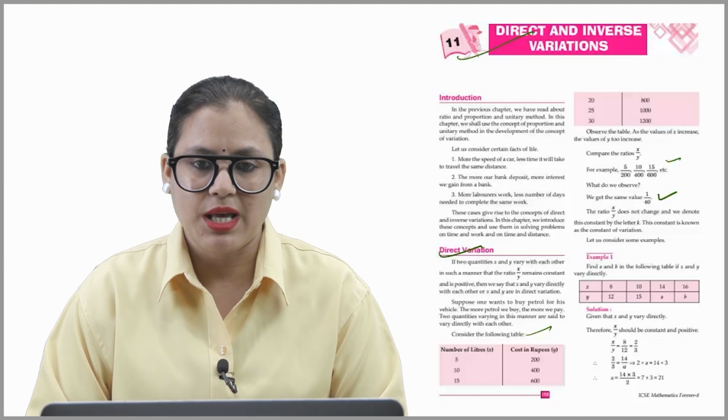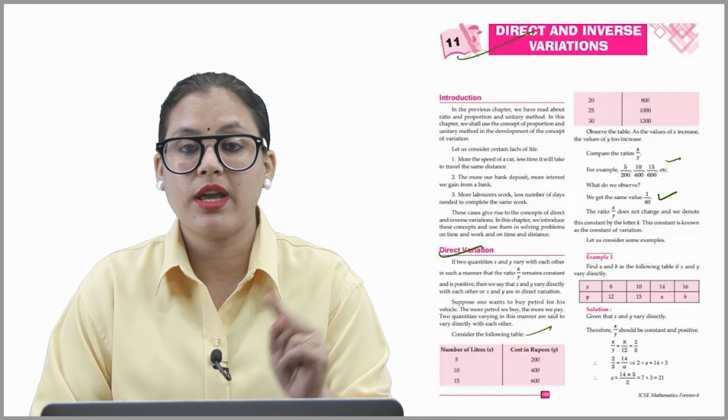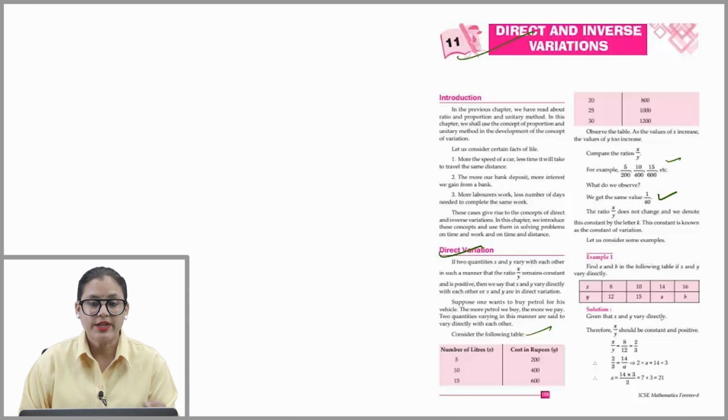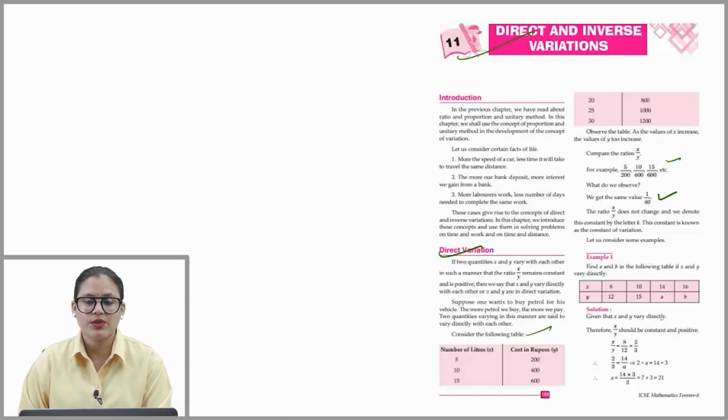Let us consider some examples. Find a and b in the following table if x and y vary directly. See, x and y vary directly, so x by y should be constant and positive. So x by y is equal to 8 by 12, which is equal to 2 by 3.